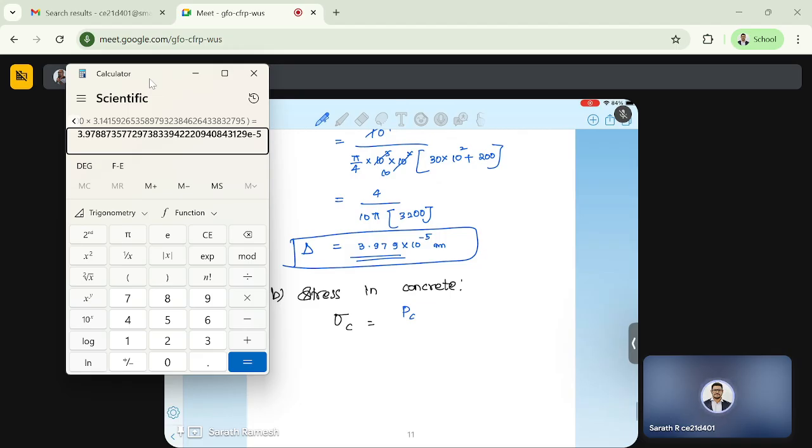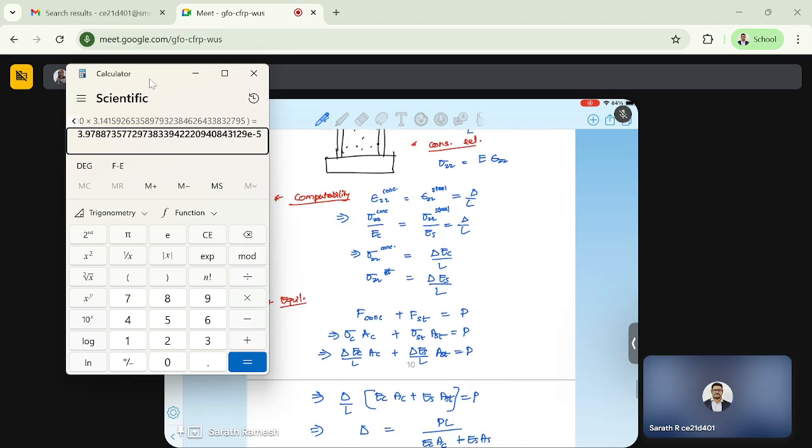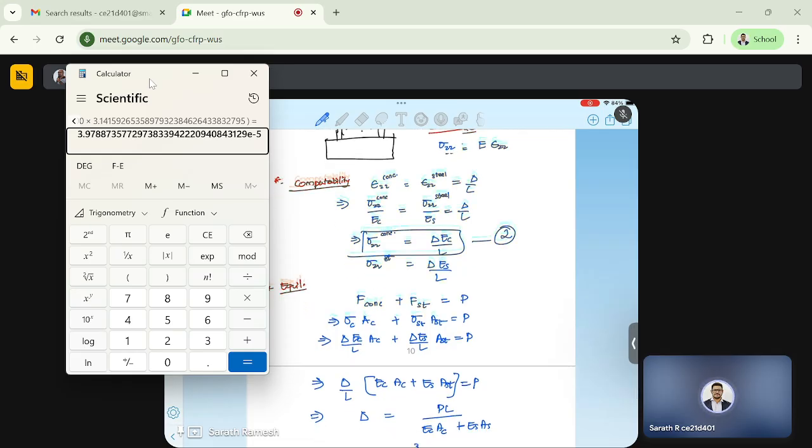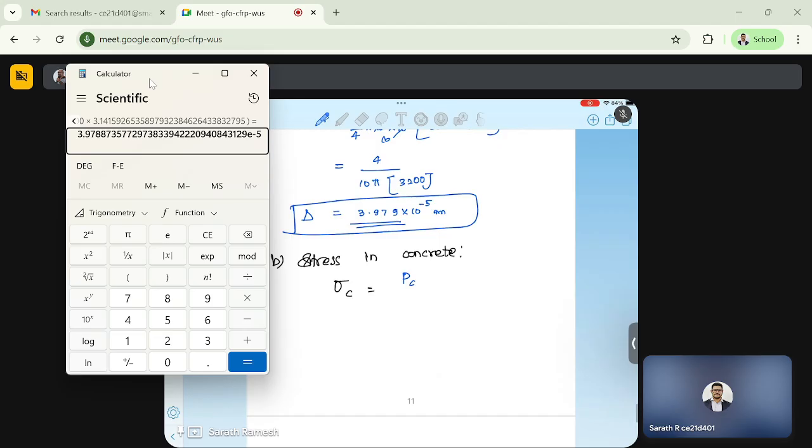Already we have sigma concrete here. I'm just using this particular relation, say this is equation number 2: delta times EC by L.